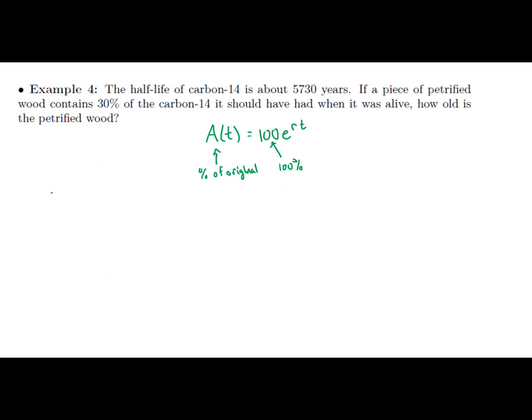So I'm just going to jump straight to saying A of t is 100 e to the negative natural log of 2 divided by the half-life, which they told me is 5,730 years. And then, of course, I multiply by t. So to figure out when I have 30%, I just put in 30 for my amount and set about solving for my t. So I can, of course, get rid of this 100.